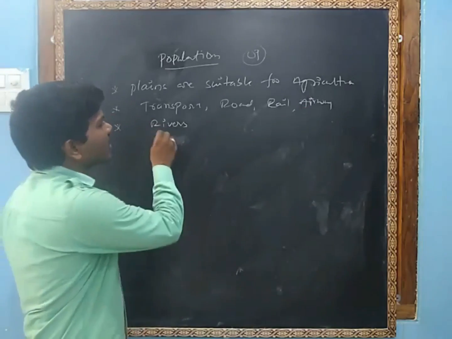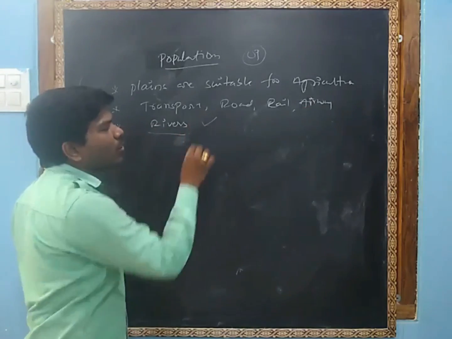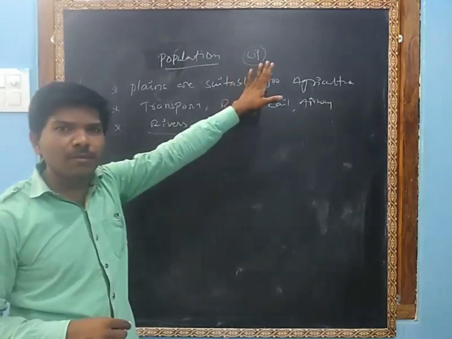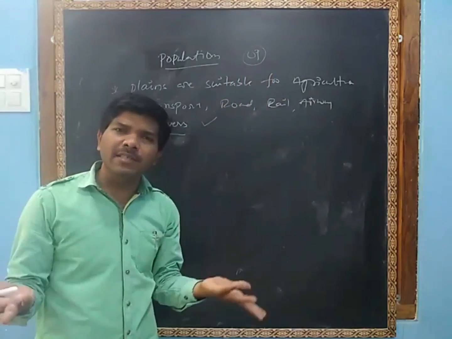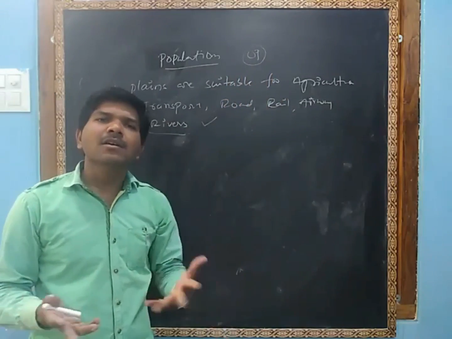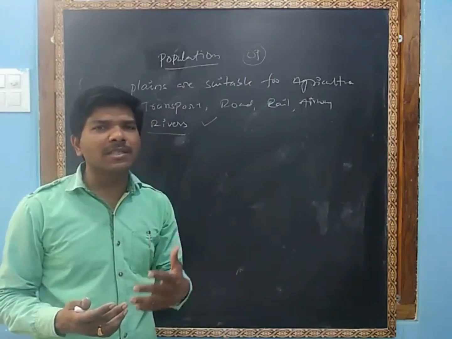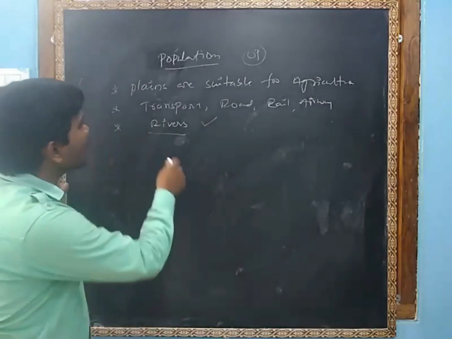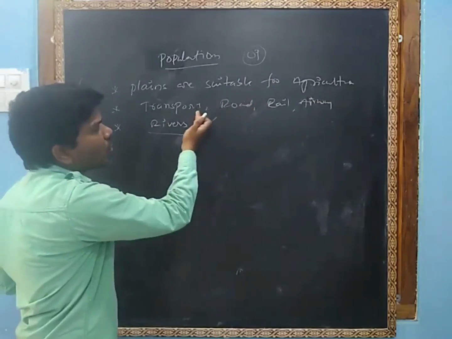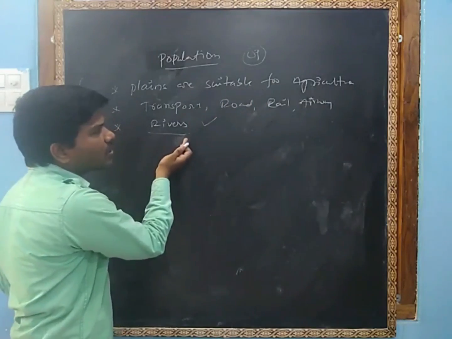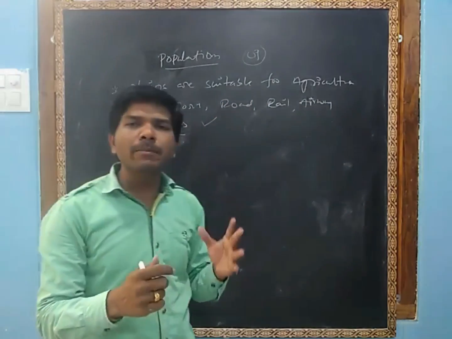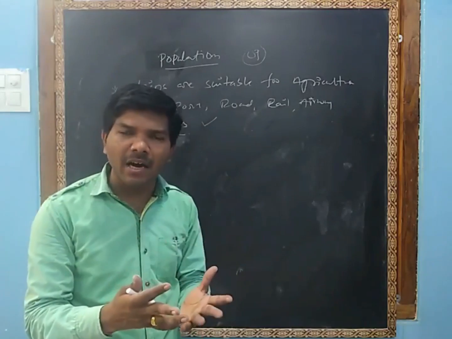So the rivers are there. There was huge water availability in the plains because in the plains many rivers are there. Whenever there are many rivers, the water availability percentage is more. So, suitable for agriculture, with a road and transportation system, and rivers also there, because of that many people wanted to live in the plains area.